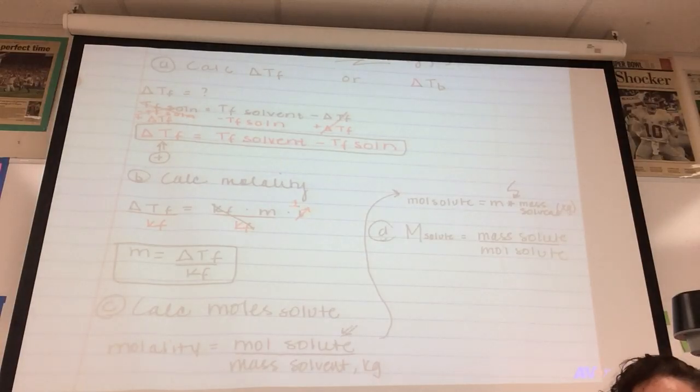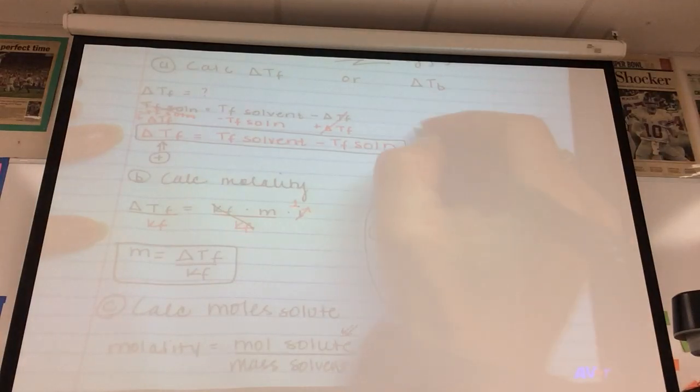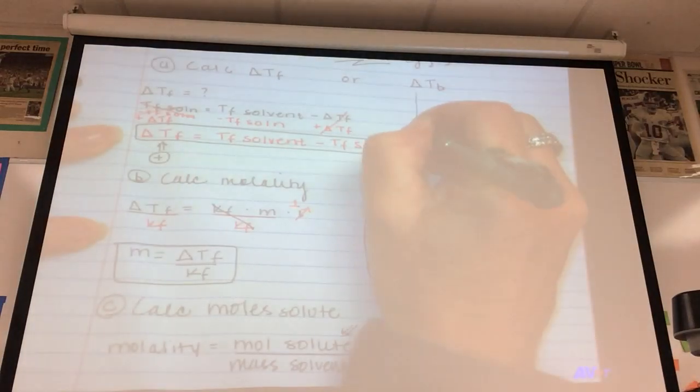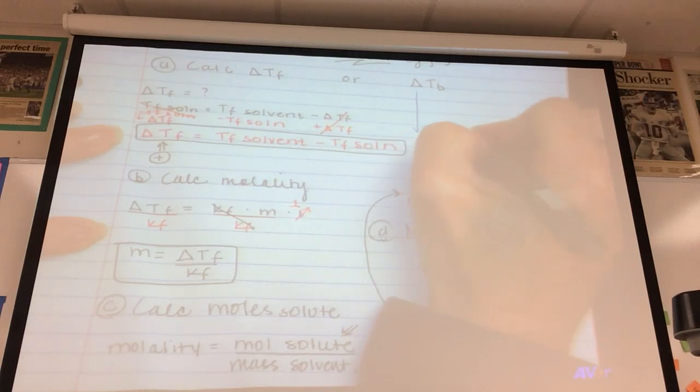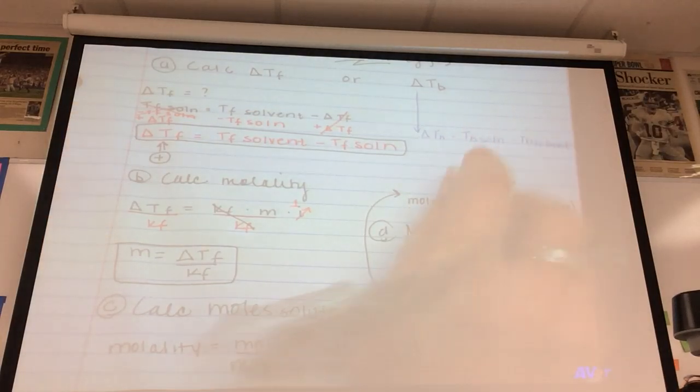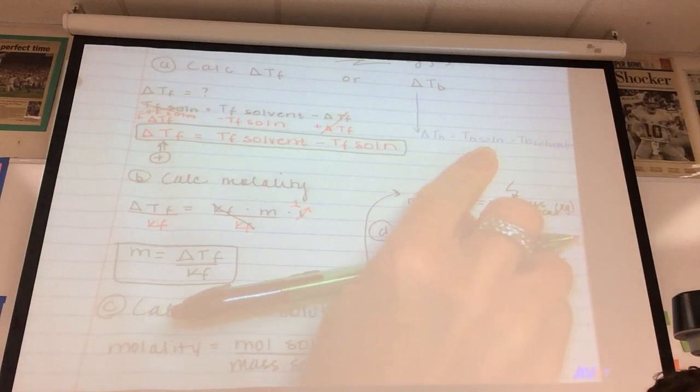The only difference with boiling point is that with boiling point, we're going to alter the first two steps ever so slightly. If you were working in terms of boiling point, delta TB would be the boiling point of the solution minus the boiling point of the solvent, because the solution's boiling point is elevated.